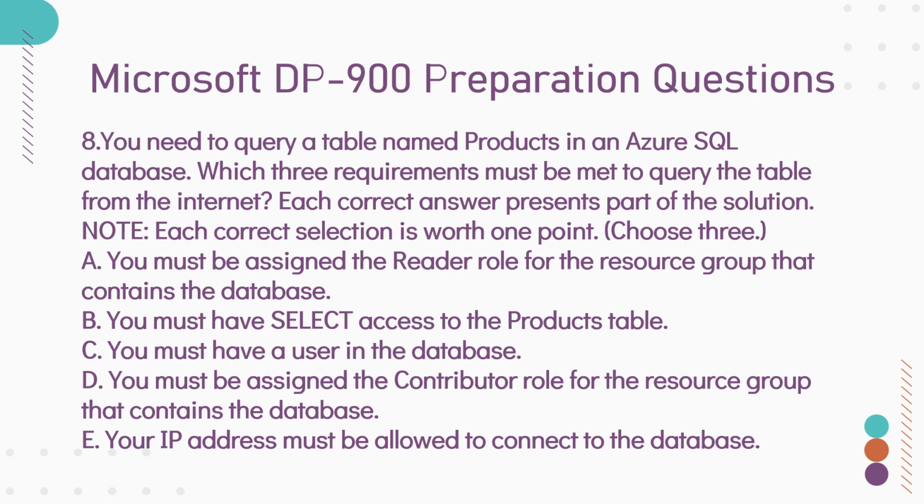A. You must be assigned the reader role for the resource group that contains the database. B. You must have select access to the Products table. C. You must have a user in the database. D. You must be assigned the contributor role for the resource group that contains the database. E. Your IP address must be allowed to connect to the database.